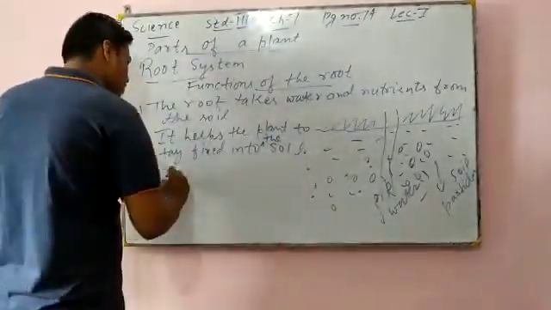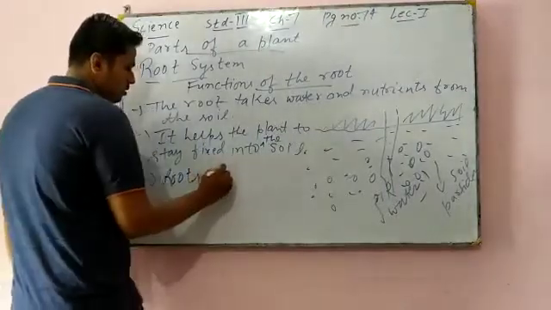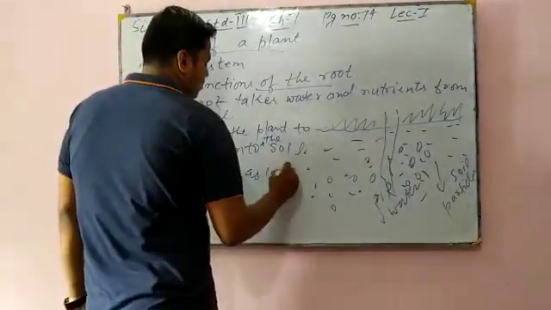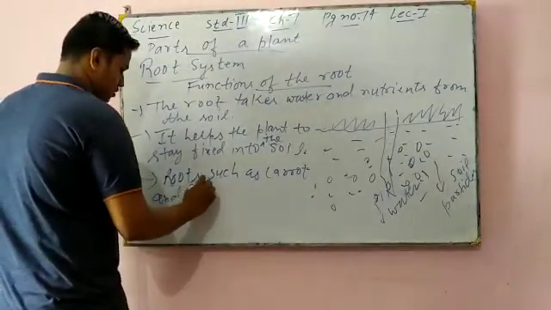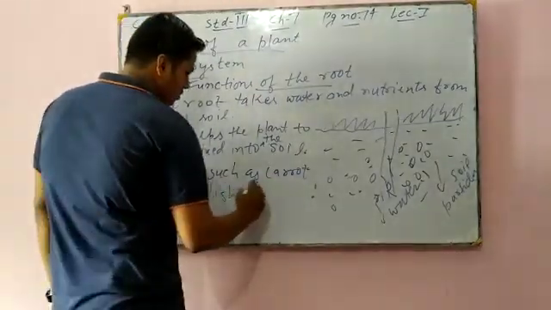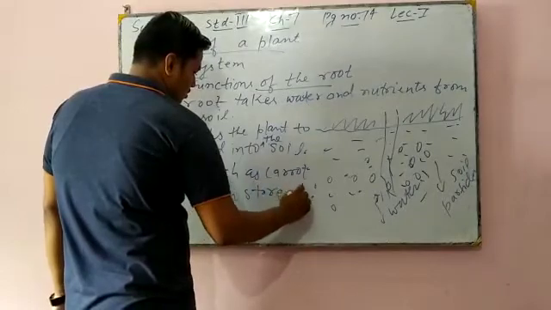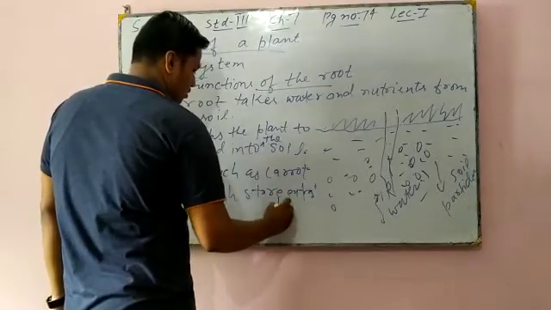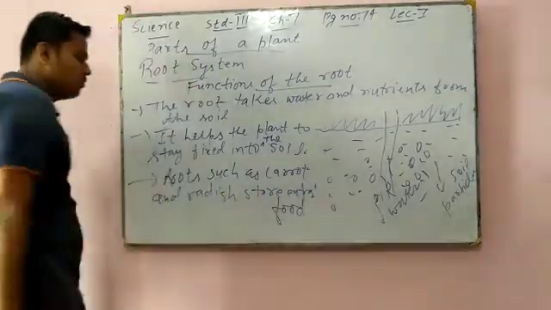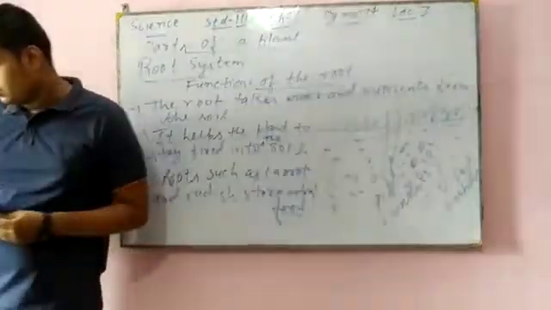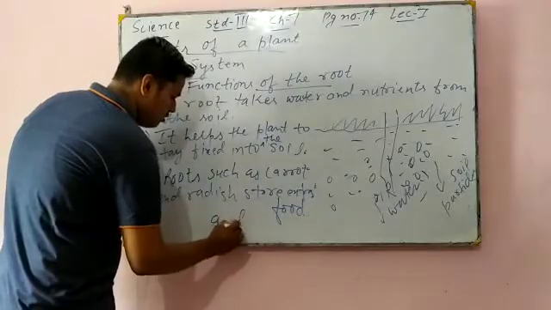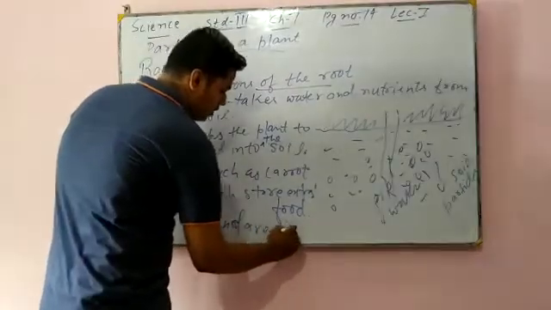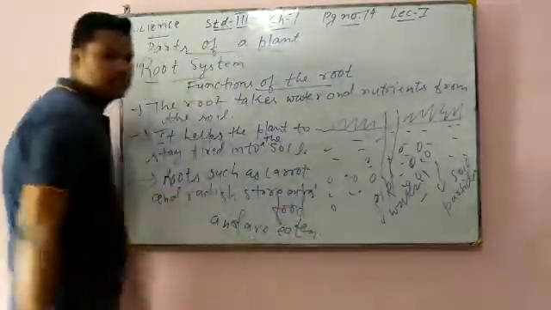So roots such as carrot and radish store extra food and are eaten. Okay.